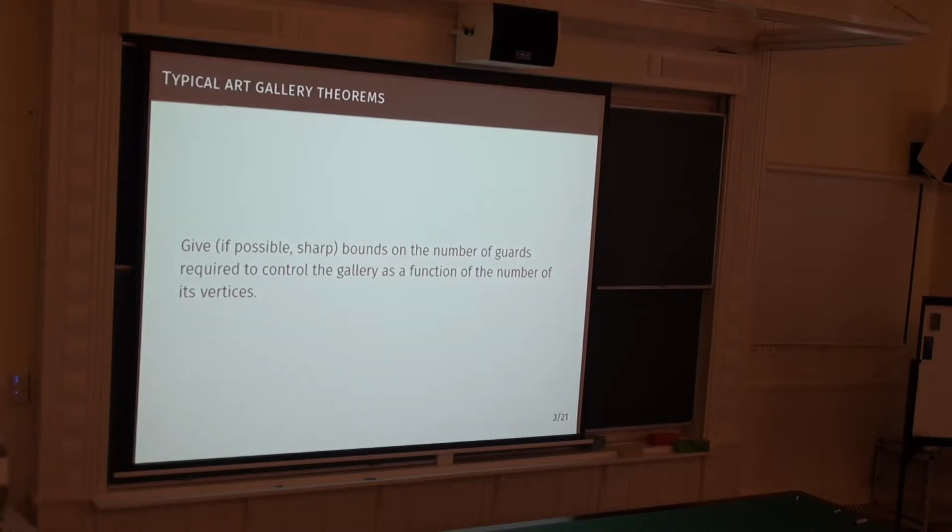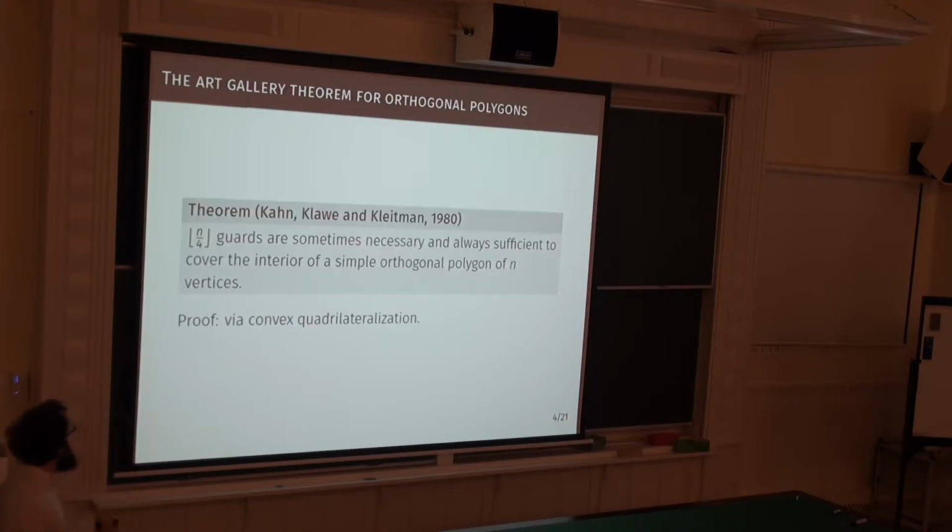So a typical theorem would be to give you the minimum number of attainable point guards as a function of the number of the vertices of the gallery. And a sharp theorem has been proven by Kahn, Klawe, and Kleitman in 1980, which says that n over 4 guards are sometimes necessary and always sufficient to cover the interior of a simple orthogonal polygon of n vertices.